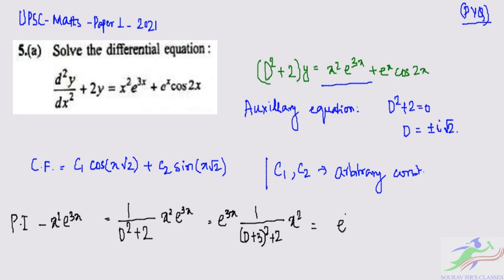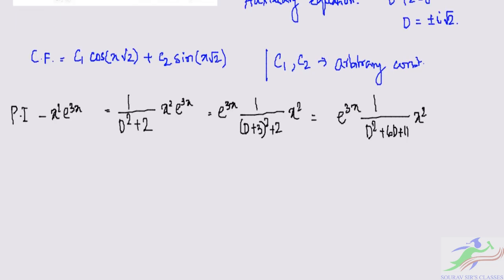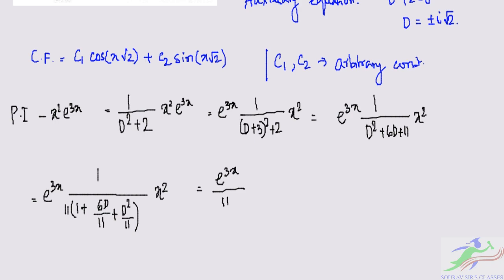Simplifying this, we have e^(3x) 1/(D² + 6D + 11) x². Now if we take 11 common, e^(3x) 1/(11(1 + 6D/11 + D²/11)) x².